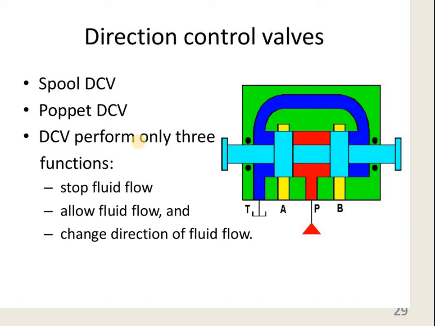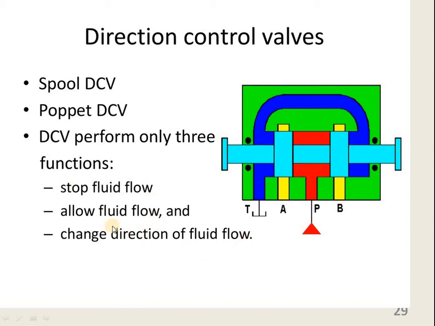First, let's discuss the direction control valve. Under the direction control valve there are two types, the poppet type and the spool type. The DCV performs three functions: stop the fluid flow, allow the fluid flow, and change the direction of the fluid flow.